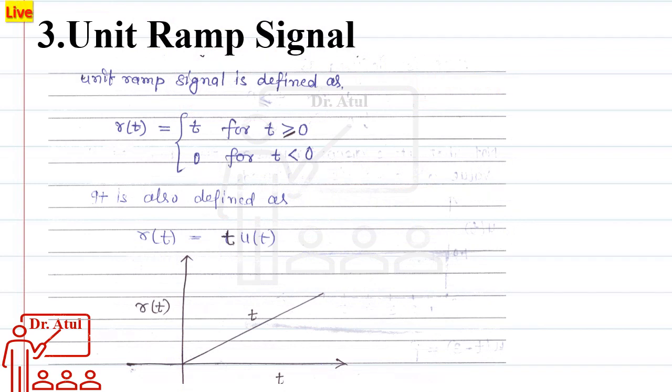Unit ramp signal. A unit ramp signal is a signal which increases continuously with respect to time. It looks like a ramp in the railway stations.